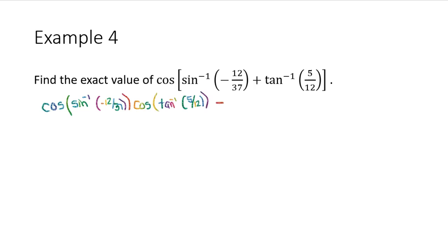Change the sign, so we're going to subtract the sine of the inverse sine of negative 12 over 37 times the sine of the inverse tangent of 5 over 12.